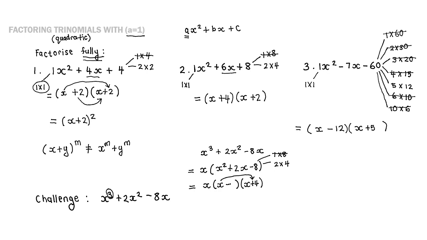So we need to put a minus 2 over here, because that times this will give us a minus 2x. So 4x minus 2x is this positive 2x over here. And then positive times negative is negative, 2 times 4 is 8. So you can see how the signs change based on the middle term. So this is essentially x times x minus 2 times x plus 4.